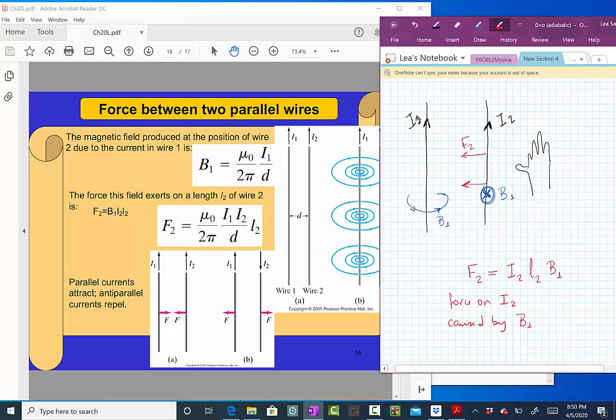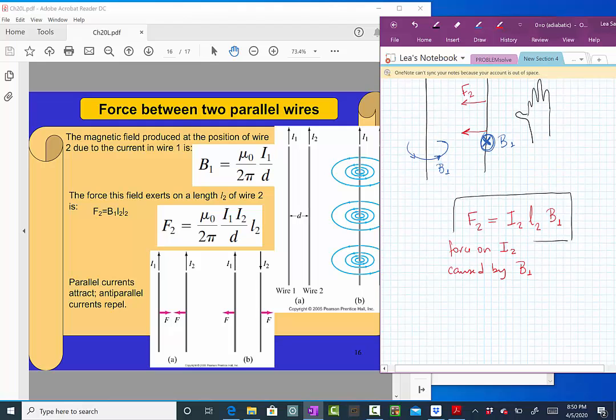The field from current 1, the B1. And we could also think about the sine of theta, but the current and the field are perpendicular. Now I have the current going up and the field into the page, so they are perpendicular. I don't need to put the sine here. Okay, so very nice. I got the force on wire 2. Let's talk a little bit more about this force.